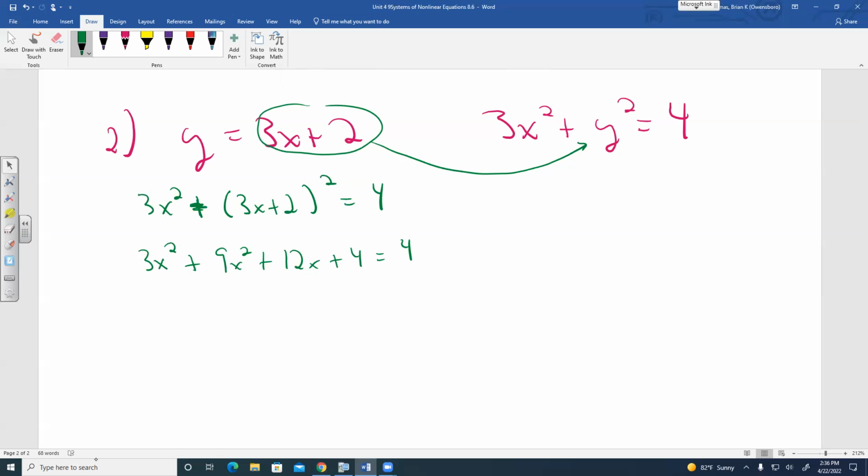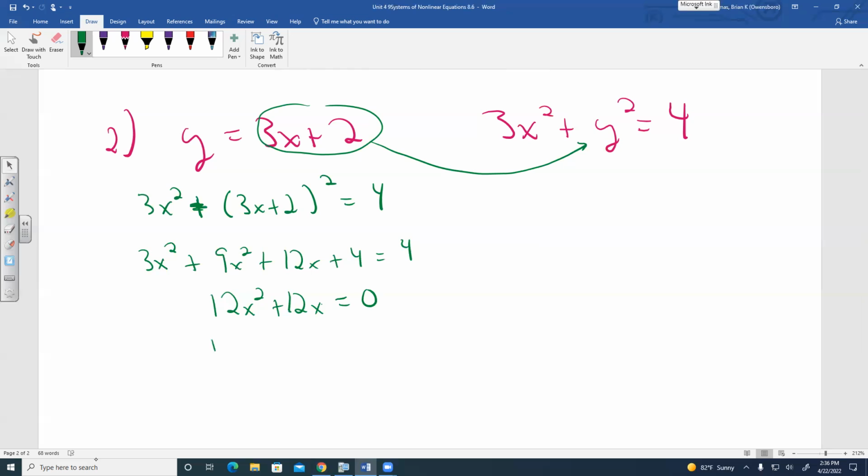So this kind of looks quadratic. I can combine the 3x squared and the 9x squared together. That's going to give me 12x squared plus this 12x. And when I subtract 4 over, the 4's cancel out. This just gives me 0. So what I pick up on now is these actually have a GCF of 12x in them.